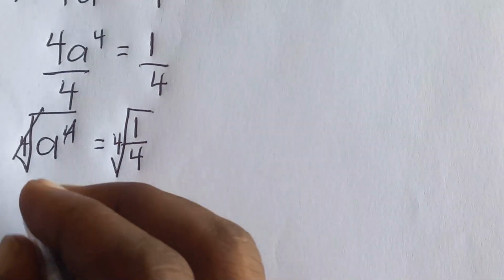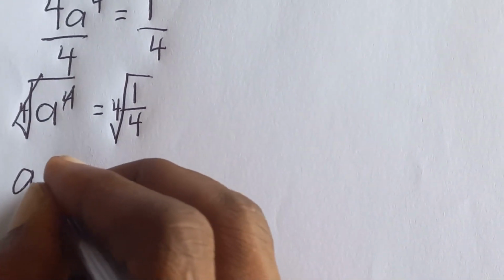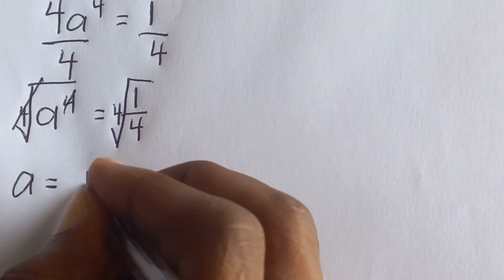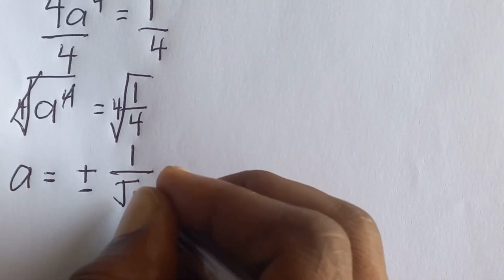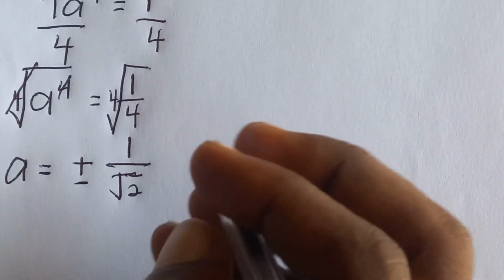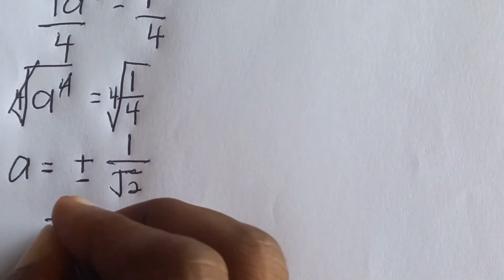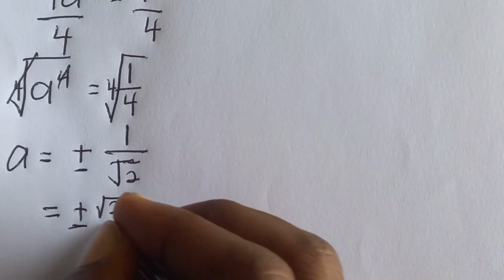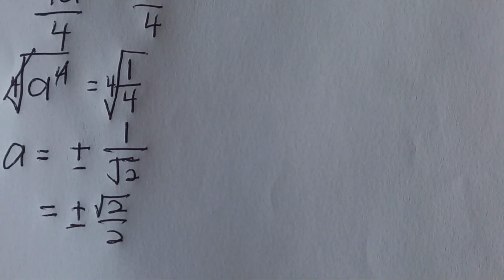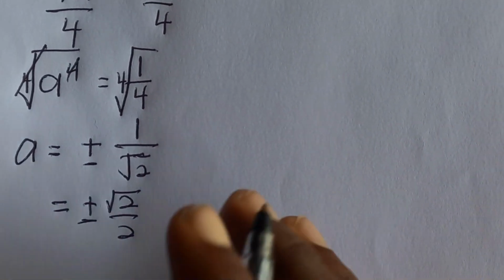Taking the root, we get a is equal to plus or minus 1 on root 2, which is the same as plus or minus root 2 on 2 when you rationalize it.